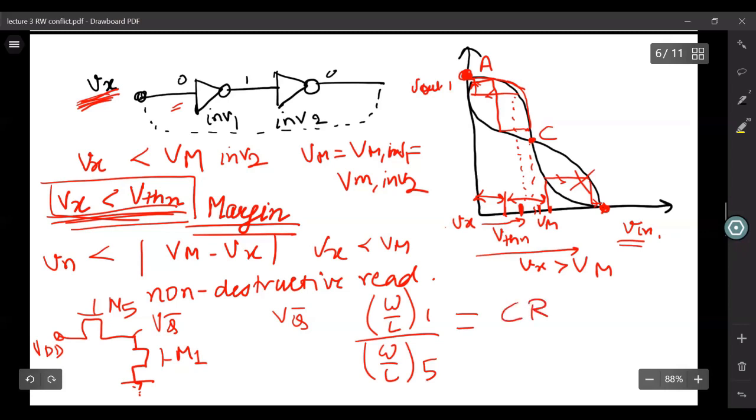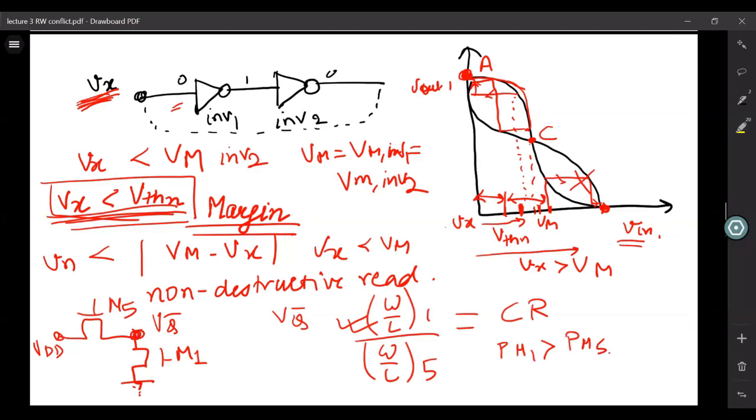And what we ideally want is that the pull strength of M1 should be higher than the pull strength of M5, so that this node potential VQ bar is placed as close to the ground as possible.